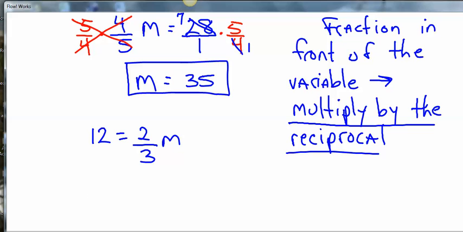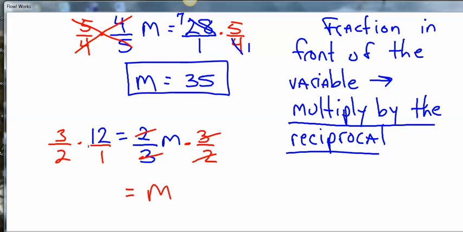So what are you going to multiply both sides by? Times 3/2. You can put it over there if you want, and times 3/2, because it doesn't really matter where you put it. What are you going to be left with? You're going to be left with an m regardless. So that's going to go away, and that's going to go away, and your m is going to fall down.